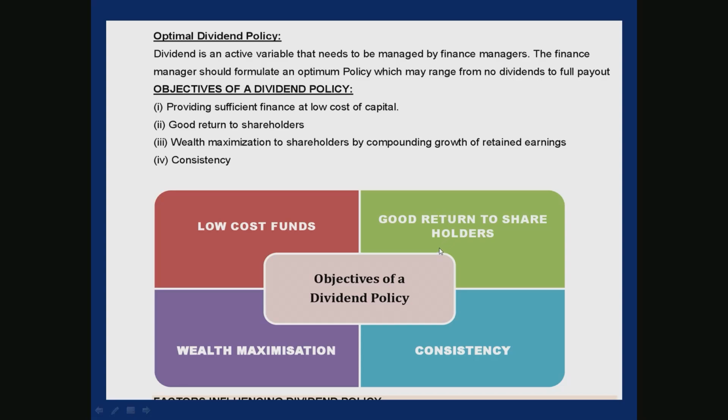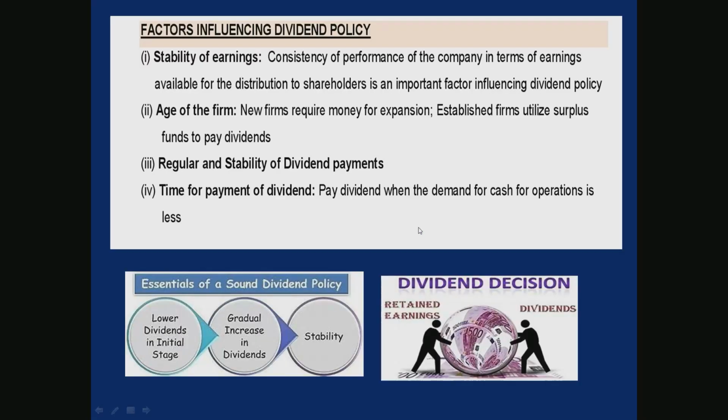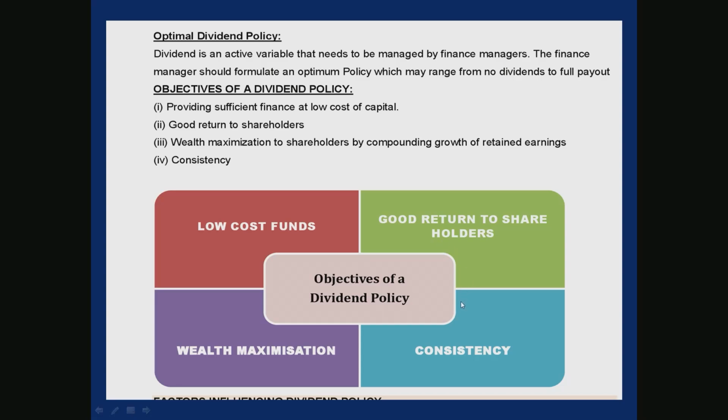Second, good return to shareholders. The dividend policy should ensure good return to shareholders. If there is no return, the shareholders will not be happy and they may shift to other companies. Next, consistency. Paying high dividend once and low dividends the next year would mean that they cannot assess the company's performance, and consistency is very important. Wealth maximization.